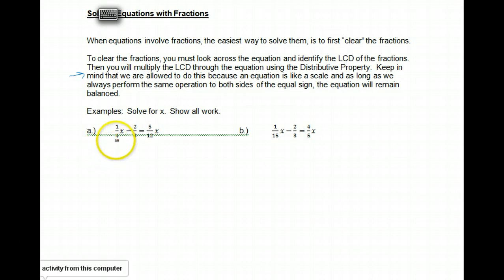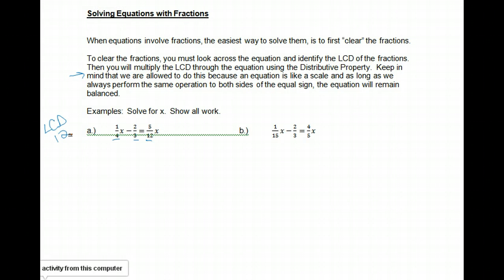So as we're looking at 4, 3, and 12, the smallest number that every single one of those will divide into is 12. So that means that the LCD of letter A is 12.